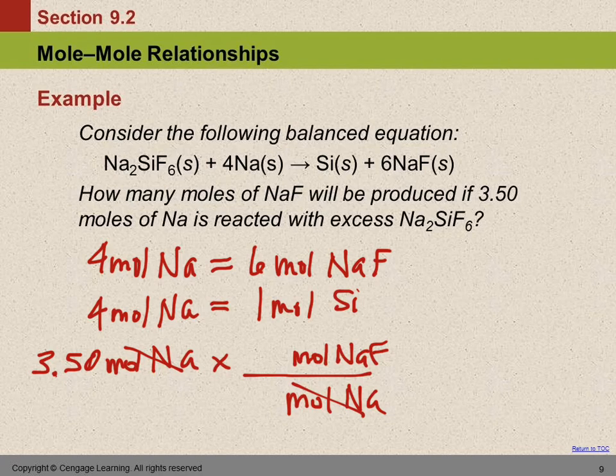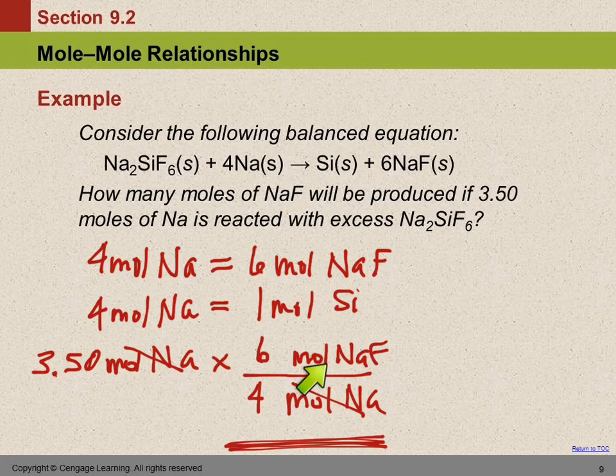Well, what's the relationship between moles of sodium fluoride and moles of sodium? Well, there's 6 moles of sodium fluoride made for every 4 moles of sodium that react. These ratios are like the easiest conversion factor ever. You just look at the equation that you're given. So here's sodium. In front of the sodium is a 4. So then in front of moles of sodium, you write 4. In front of NaF is the number 6.